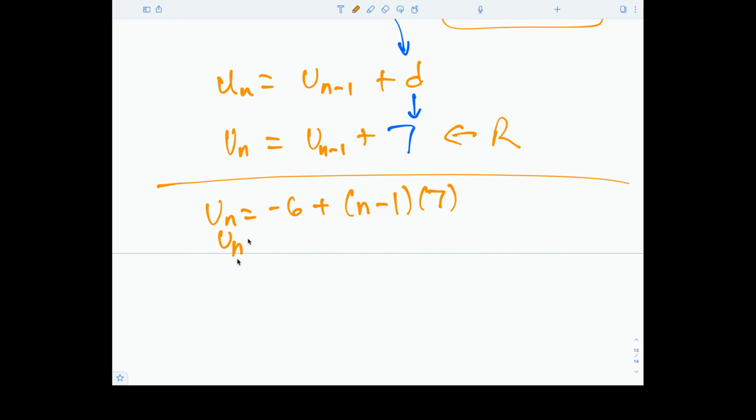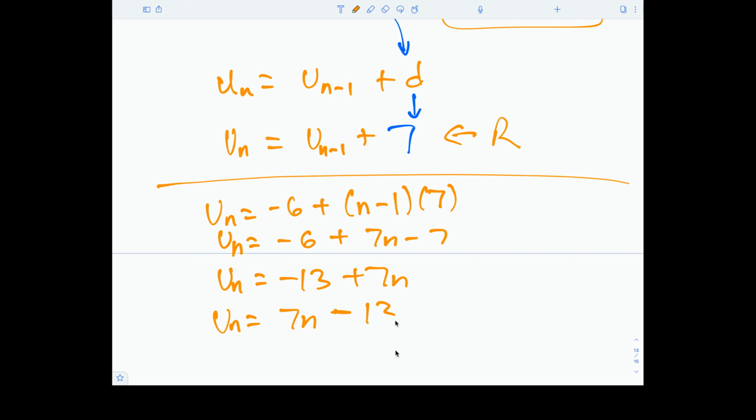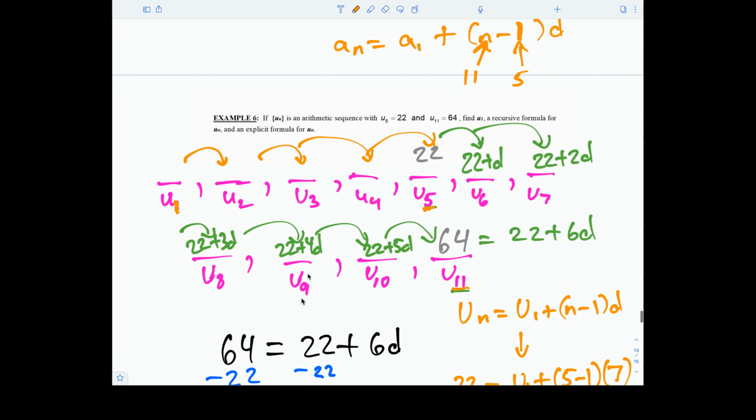I like it like this. I think it's more functional like this, but we can always also clean it up. So 7n. For whatever reason, we like to write the n in front. There you go. So there we got it. And that is it. Okay. And that is actually it.